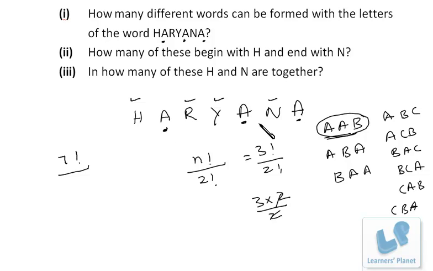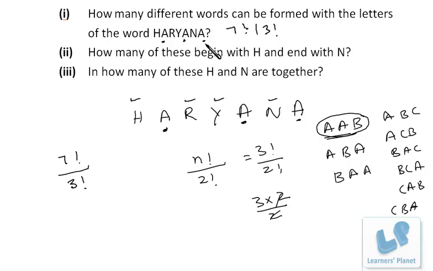But since A is repeated, we need to divide by 3 factorial. Now A is being repeated 3 times, so I'll divide the expression by 3 factorial. So 7 factorial by 3 factorial is the number of ways in which all the letters of the word Haryana can be arranged. So for the first case, our answer is 7 factorial by 3 factorial.